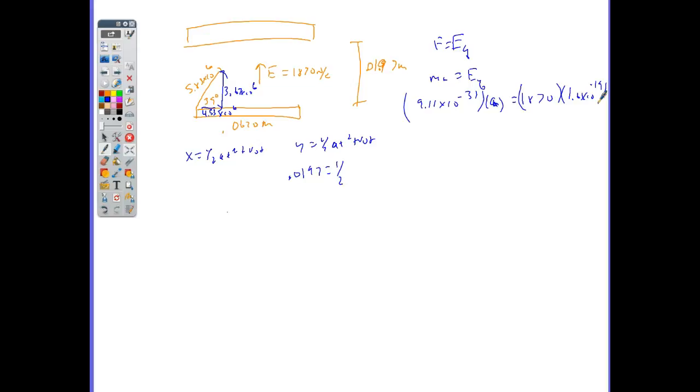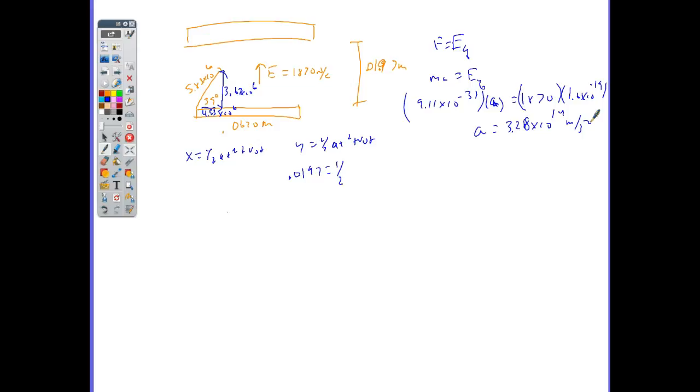So I get the acceleration is something silly like 3.28 times 10 to the 14th meters per second squared. Agreed?